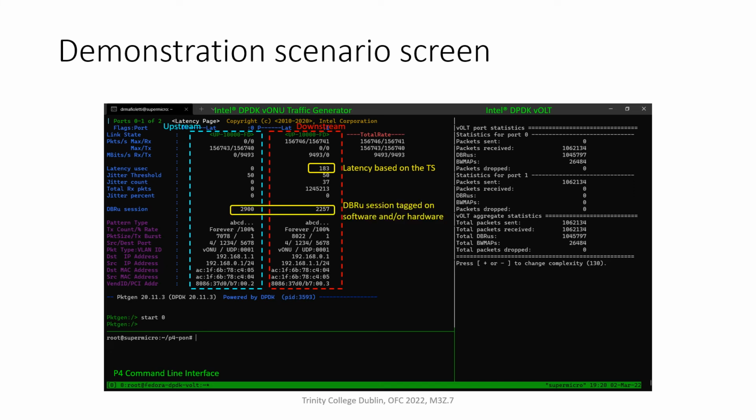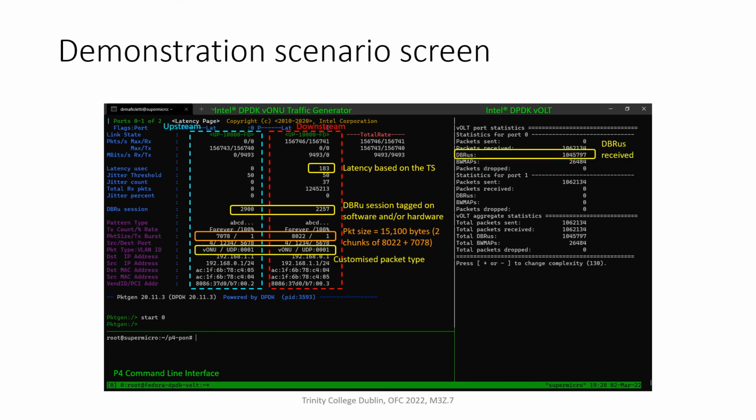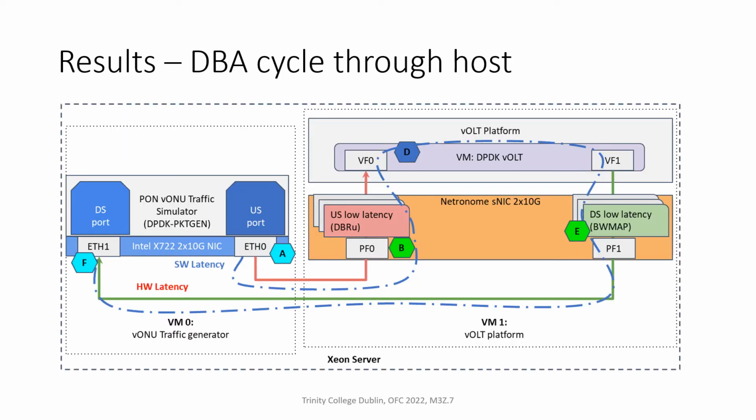We can see the latency based upon the timestamps, the DBA session information, packet size information, and customized packet types. Within the VOLT pane, there are stats for DBRUs received, bandwidth maps generated, and there are controls provided for adjusting the complexity of the VDBA or path length between P4 data planes and the virtual DBA.